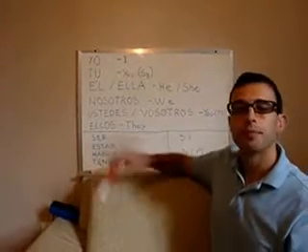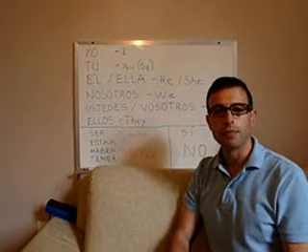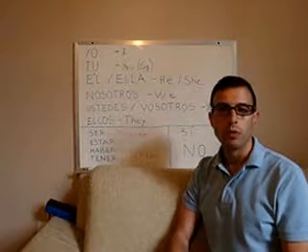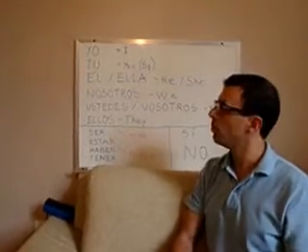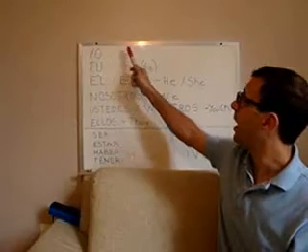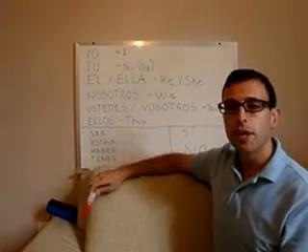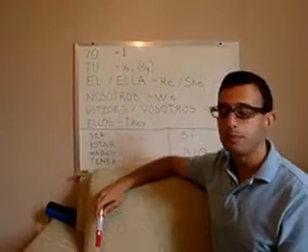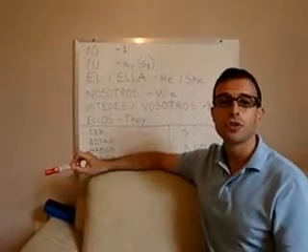First of all, if we want to conjugate some verbs, we need to know which are the names of the persons in Spanish. So we have yo will be I. Then we have some Spanish-speaking countries pronounce the Y as sh.